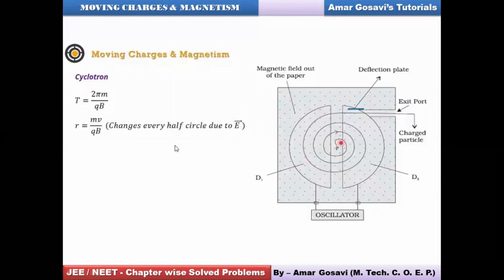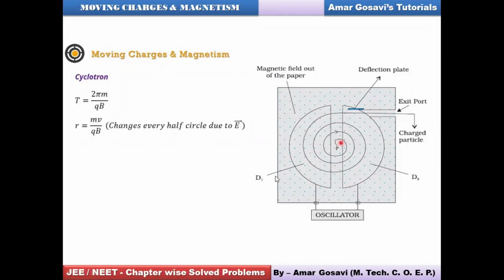Here also in this diagram, you can see the cyclotron is being represented. So the magnetic field is ensuring that the particle moves in a circle. These are the two Ds, semicircular metallic chambers. They are connected to alternating current. So alternating current means what?